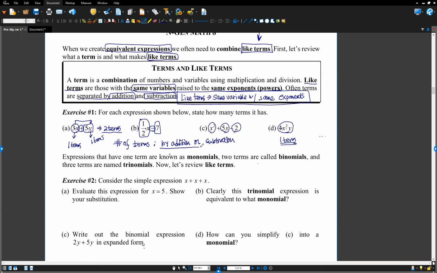Is it okay? If we have 1 term like this one, there's no plus or minus sign there. So 1 term has a special name, which is what? Monomials.